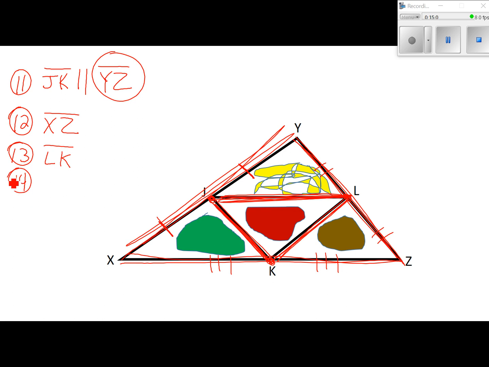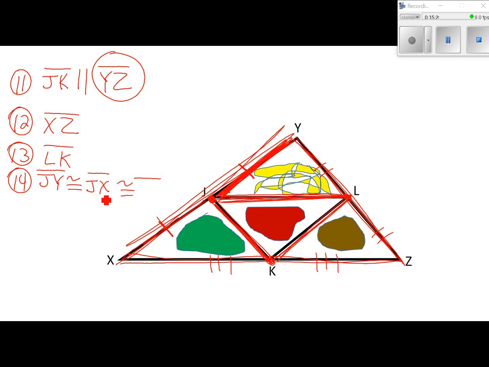14. They say JY, I'll write this one out. Segment JY is congruent to, and then they want two other segments. So we look at segment JY, it's right here. Well, we know since J is a midpoint, it's also going to be congruent to JX right here.